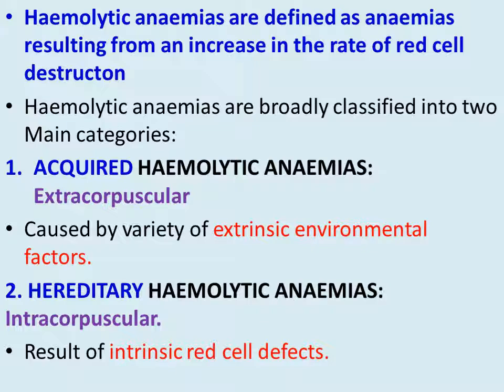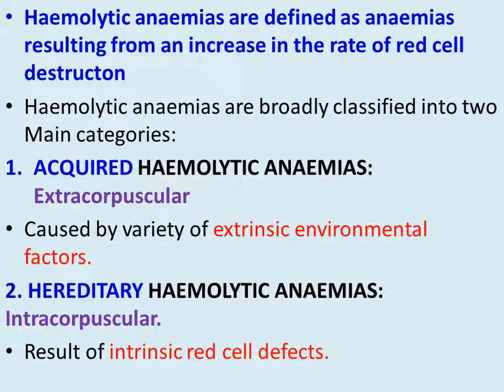Hemolytic anemias are broadly classified into two main categories. Number one, acquired hemolytic anemias. These are extracorpuscular, caused by a variety of extrinsic environmental factors. So here environmental factors are causing the hemolytic anemia, so it is called acquired hemolytic anemia.